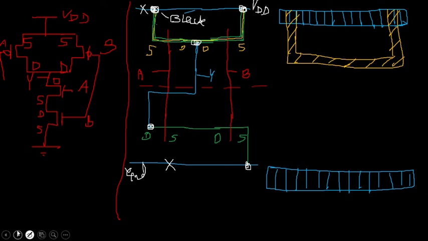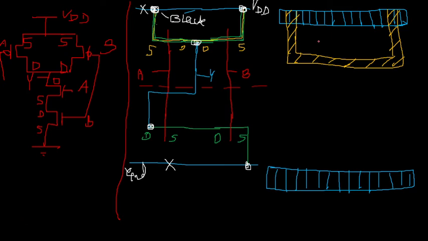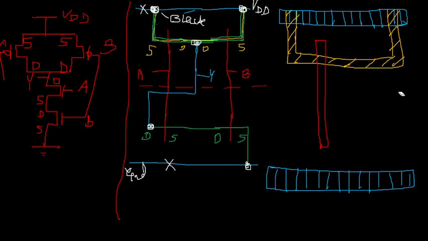And then of course you have to outline with green color, but before that I will make the polysilicon lines also. 2 polysilicon lines are there, so we will make the polysilicon line. This is our line A, and here you can mark the input also.